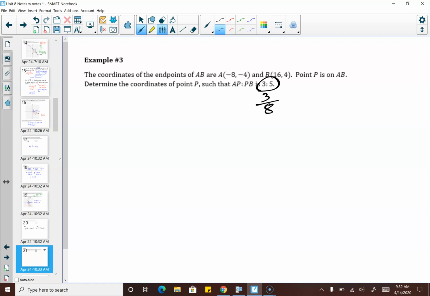I want to try to use the formula that we just came up with. So if we want to find our xp, it's always our x1 plus our ratio times x2 minus x1. If we look at these 2 points, which one's furthest to the left? Well, obviously it's the (-8, -4).